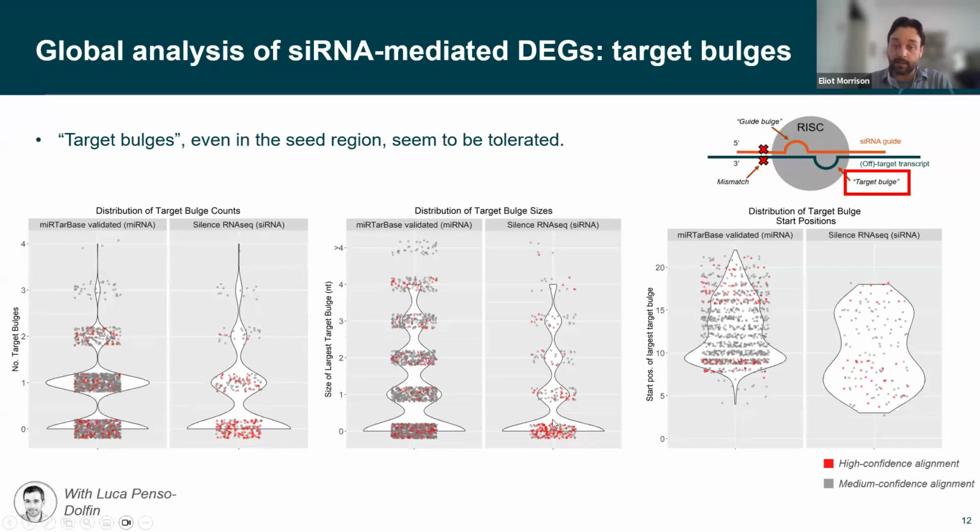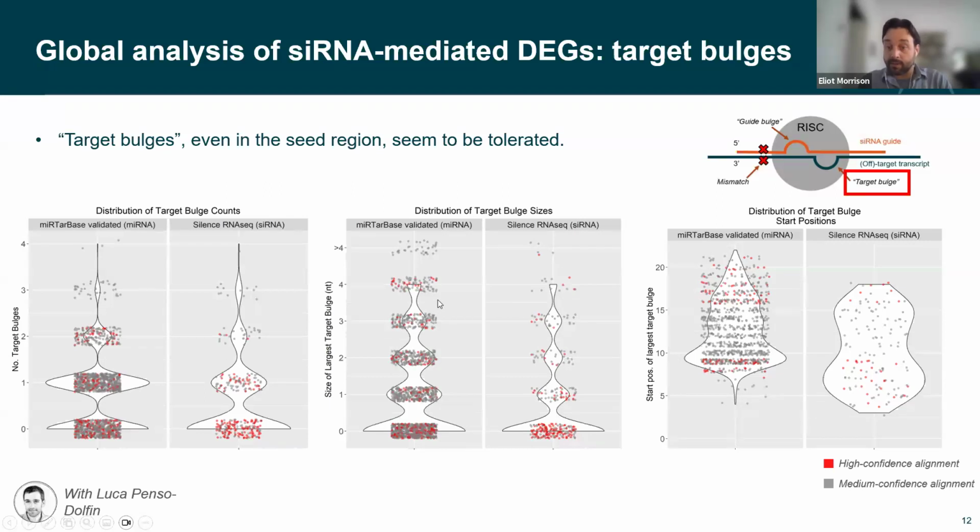We then looked at the size of these bulges. Somewhat surprising to me was that some of these bulges are relatively large, I would say, sometimes 3 or 4 nucleotides in size. That's essentially how many nucleotides need to be pushed out, physically, into this kind of bulge or bubble. But again, it was nice to see that this is also compatible with the microRNA alignments, and some of these are roughly in the same range of size as well.